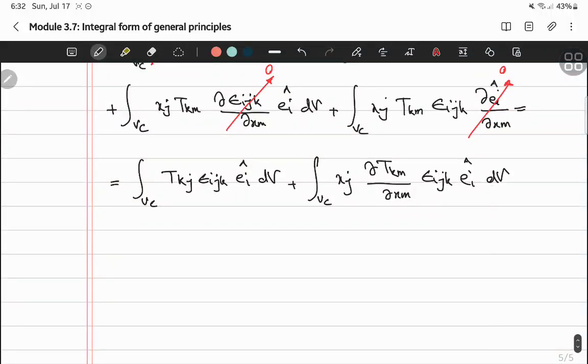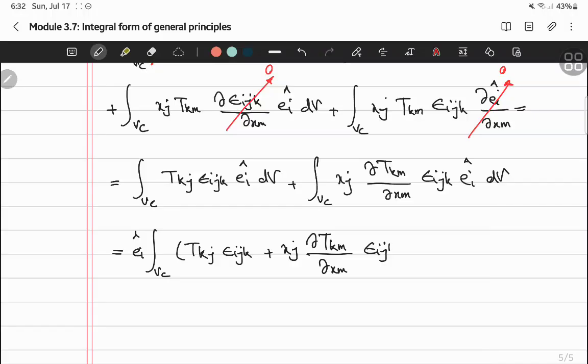So if I factor out e_i and dV, I get e_i on Vc: tkj epsilon ijk plus xj partial derivative of tkm with respect to xm epsilon ijk dV.